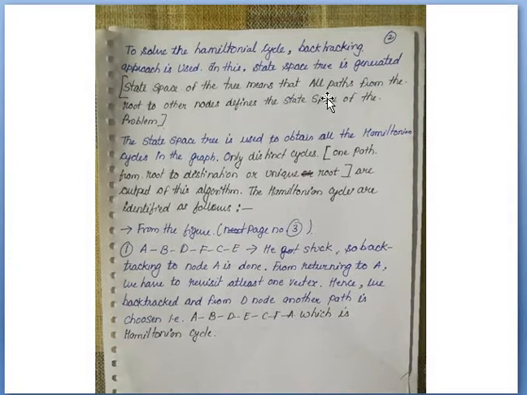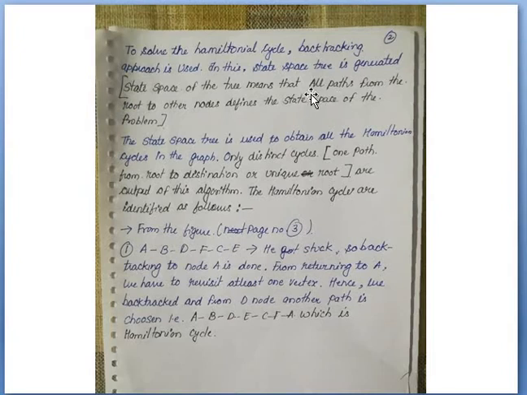Here, what we are doing is generating the state space tree. The state space tree means that all the paths from the root node to another node define the state space of the problem. Such a tree is called the state space tree.